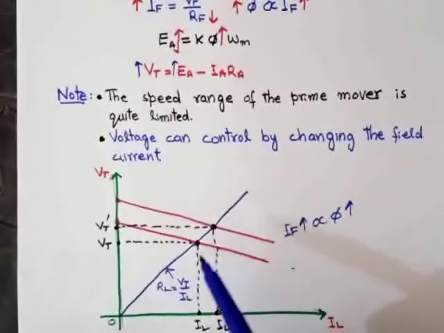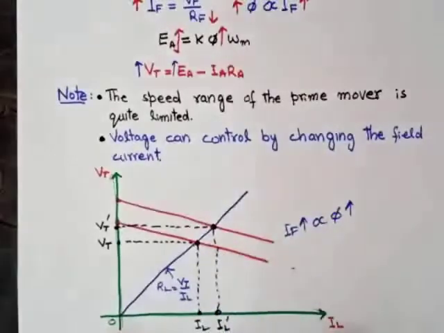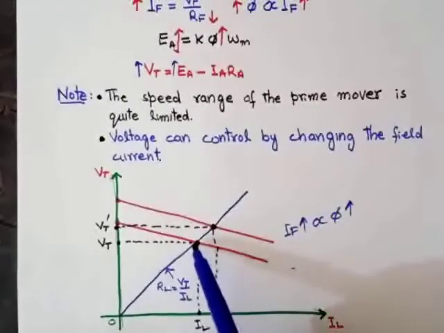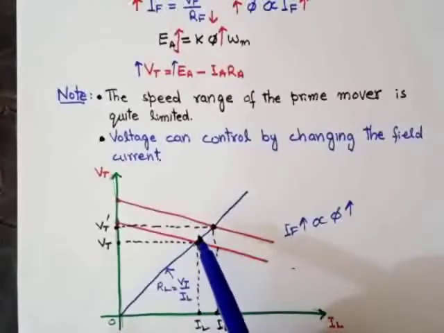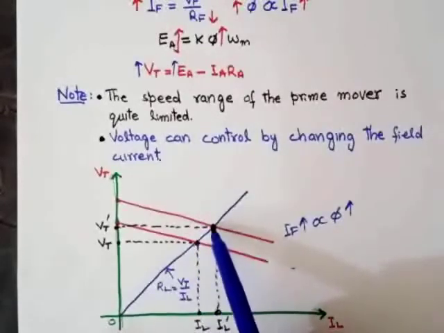For a particular value of IA or IL, this will be the operating voltage. For a particular value of the load current or line current or armature current, this will be the operating point. When we increase the voltage, this will be the operating point.